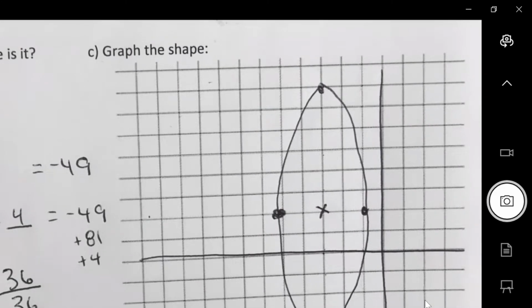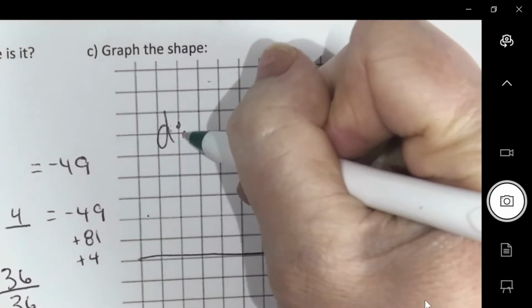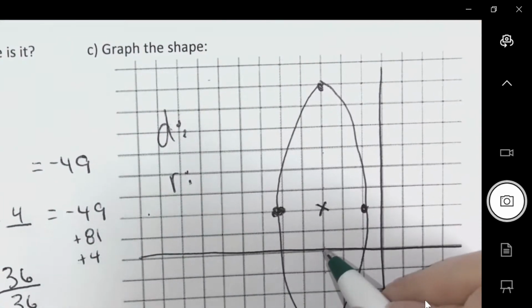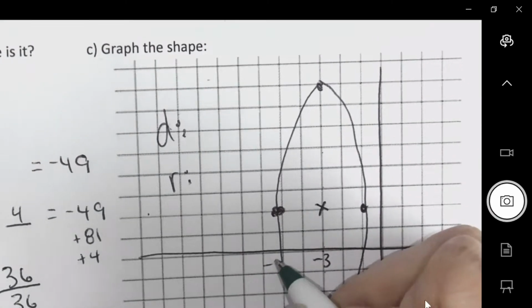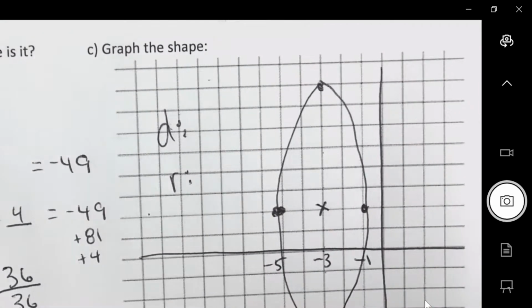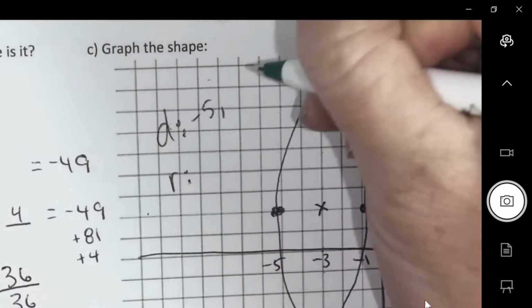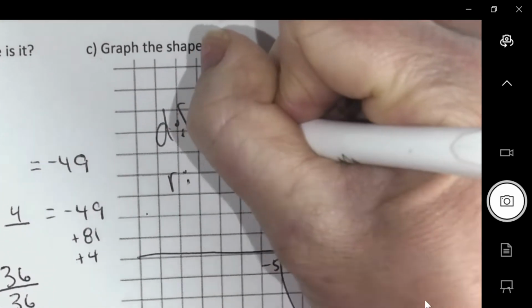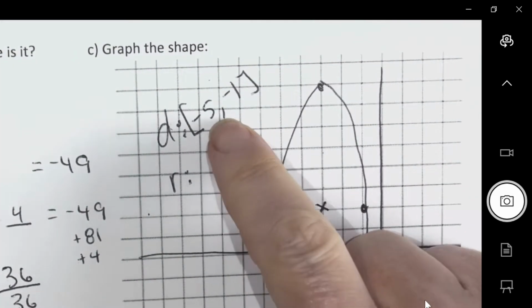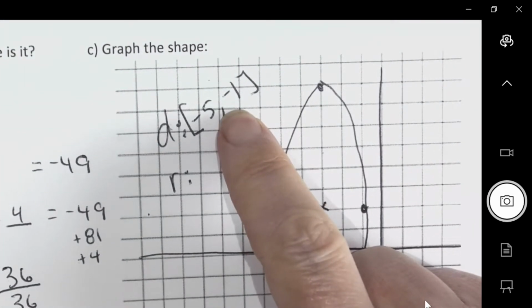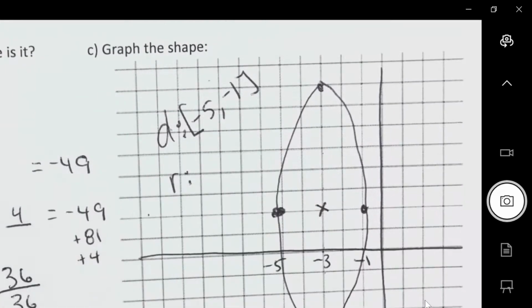You will get asked on your test some range and domain questions. So the domain, do we have our numbers on that? So this was a -3, so this should be a -5 and a -1 because we went 2 and 2. I'm just double checking that those are 4 apart from each other because the axis is 4.